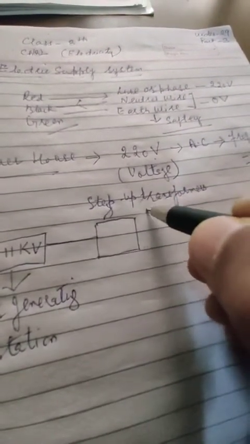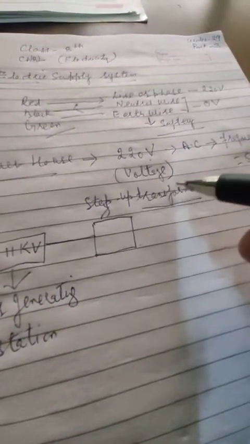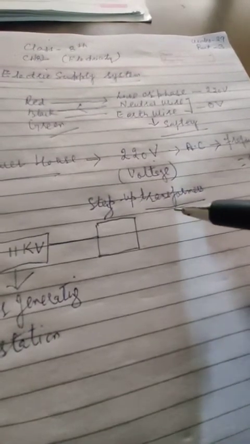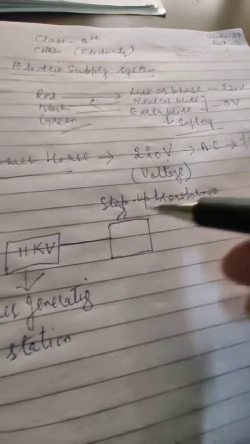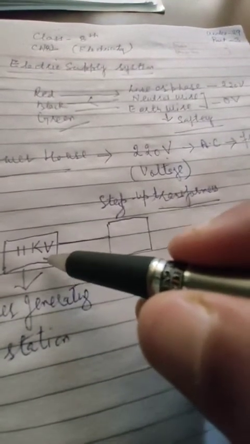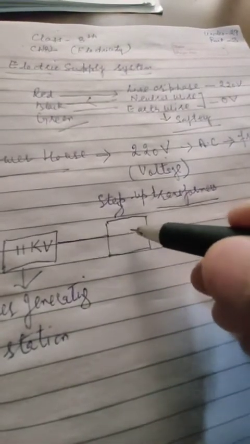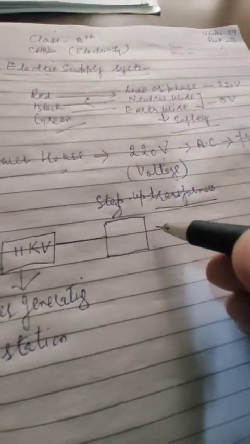Now transformers are the devices with which we can decrease or increase the voltage. Once again, since it is a step up transformer, we can increase the voltage from 11 kV to 33 kV. Clear?